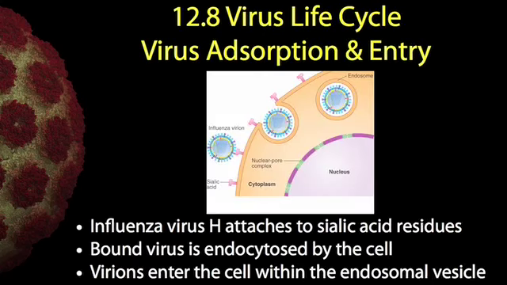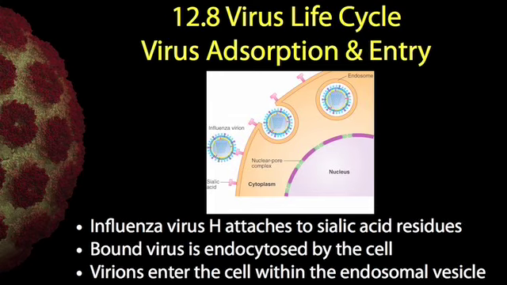So the first step in entry is binding to a cell surface receptor, and it's that hemagglutinin molecule, or H molecule, which binds to sialic acid residues on the surface of cells. Sialic acid is a carbohydrate. It's part of glycoproteins or glycosylation of proteins. And so every cell has these sialic acid residues attached to surface proteins.